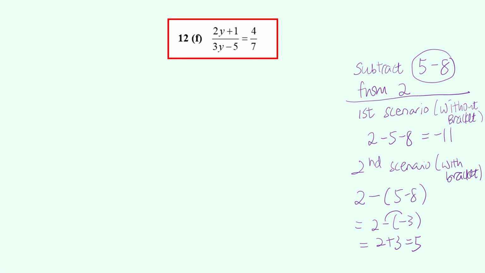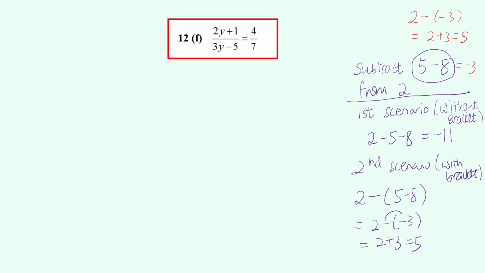Let's see. What is 5 minus 8? 5 minus 8 equals negative 3. And if we subtract negative 3 from 2, we are saying take 2 plus 3, which is basically 5.